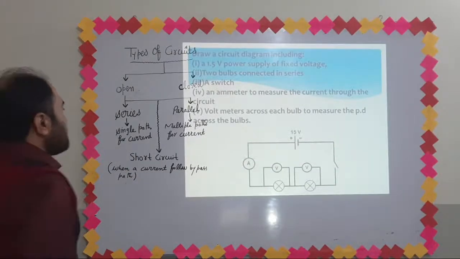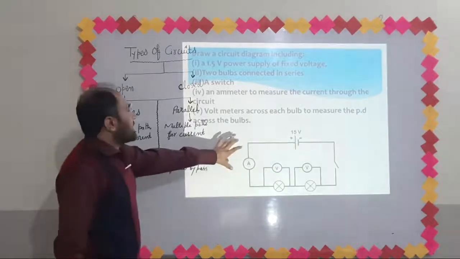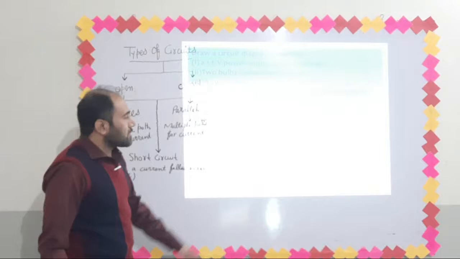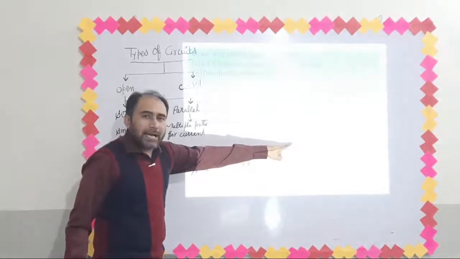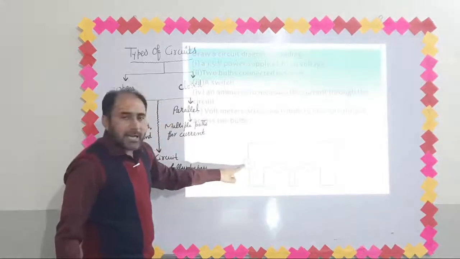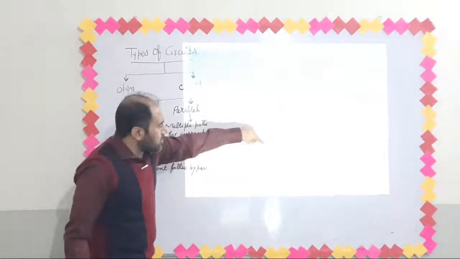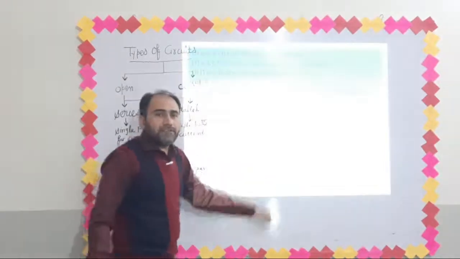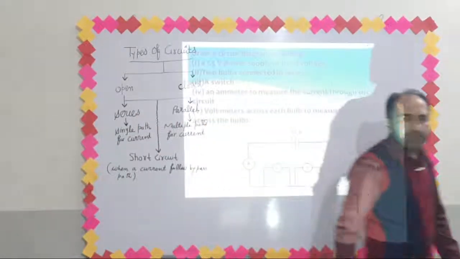This is the circuit. I have drawn this circuit by using these statements and different symbols. This is a power supply of 15 volts. This is the ammeter. Ammeter is always connected in series. These are two bulbs which have been connected in series.